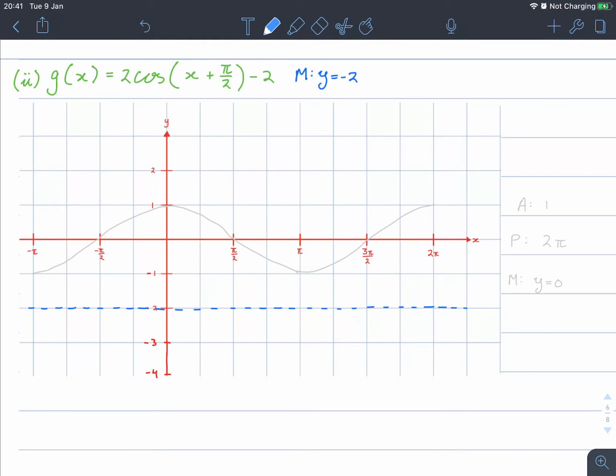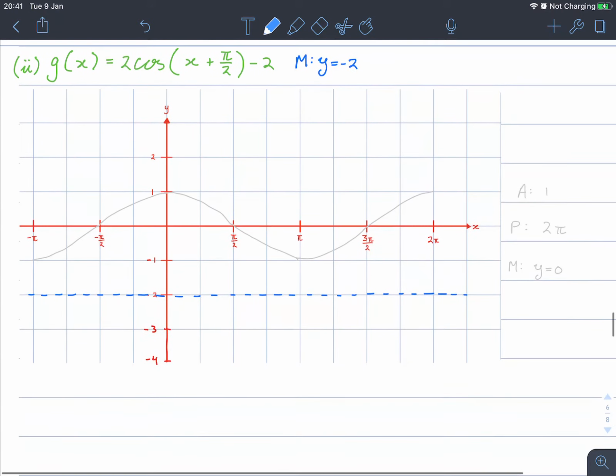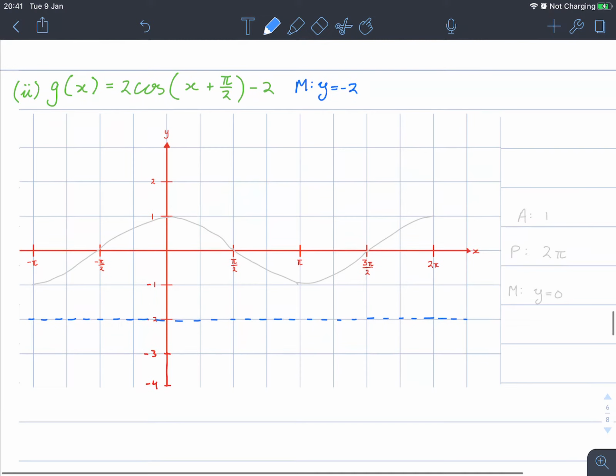Very rough sketch. Now, next thing we should look at is this point here. This is a phase shift. We'll just call this shift.